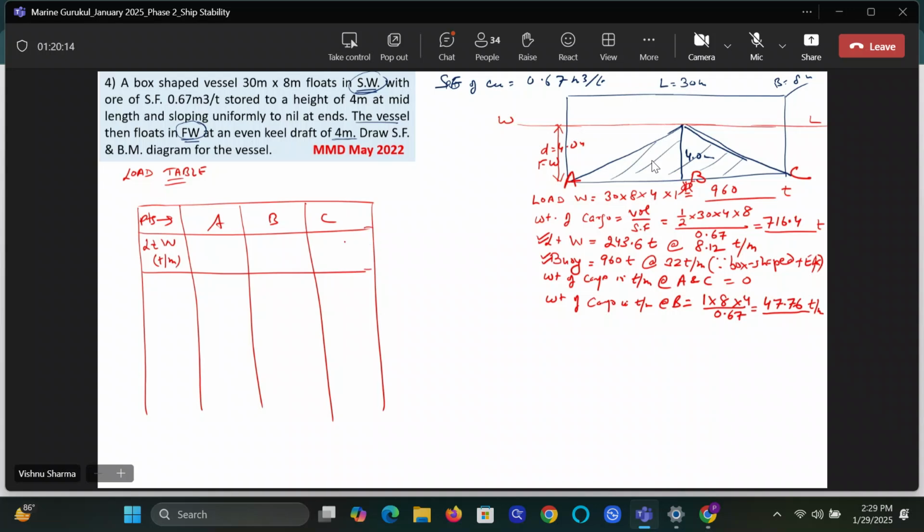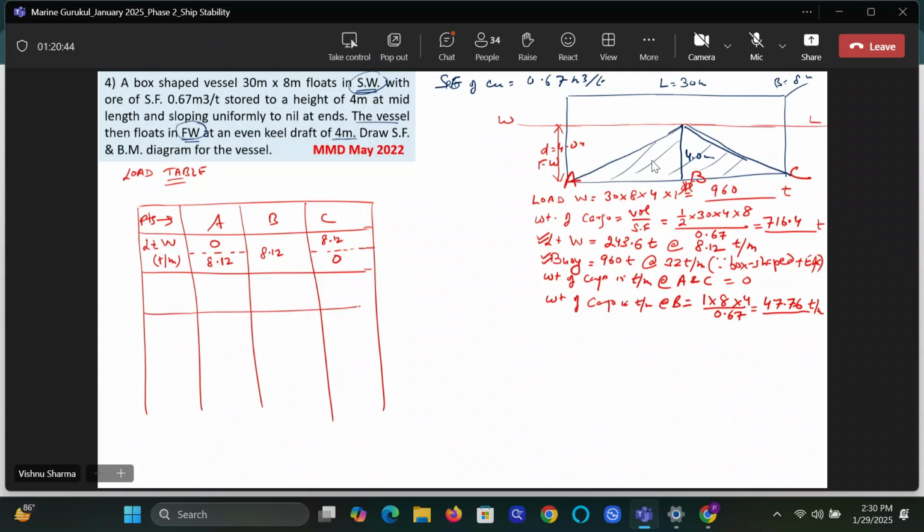Can you please fill it up? Is it correct, guys? 0, 8.12, 8.12, 8.12, and 0, right? Right, class? Yes, sir.